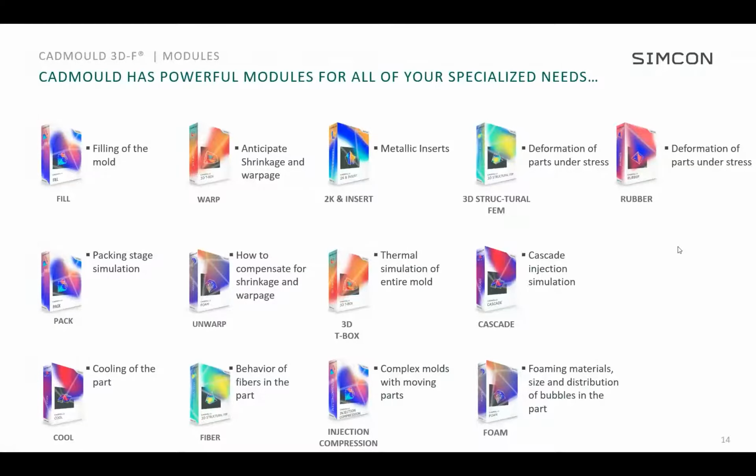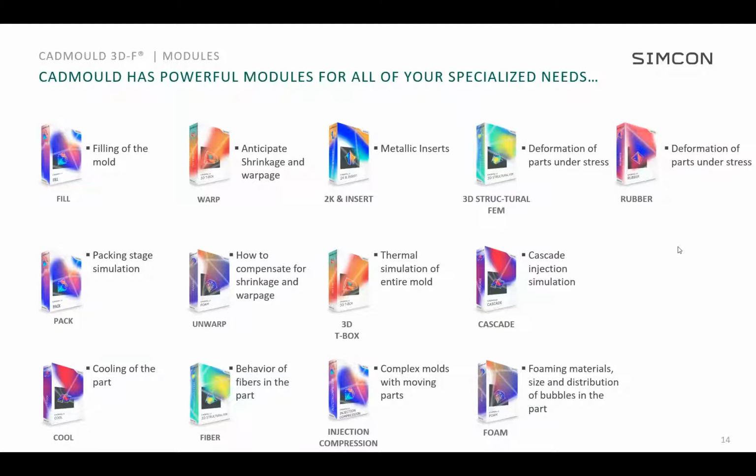CADMould is a modular system. We recognize that different companies, different parts and different applications require different parts of the process. So this is a highlight of the key modules of CADMould, going through filling, warping, packing, unwarping, looking at the thermal box, the cooling phase, the effects of fibers within the plastic, looking at different materials such as rubber and foam.